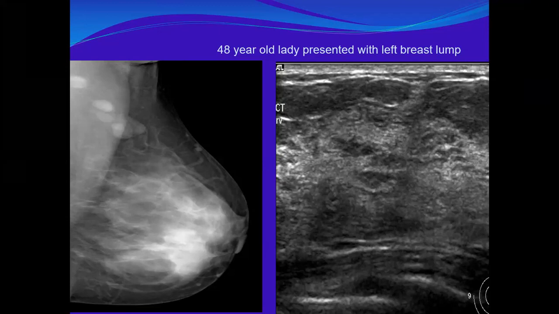You cannot say this is just single view asymmetry, mostly due to summation artifacts from overlapping of normal breast tissue, and ignore it. No, we have to clarify it. We have to go further.